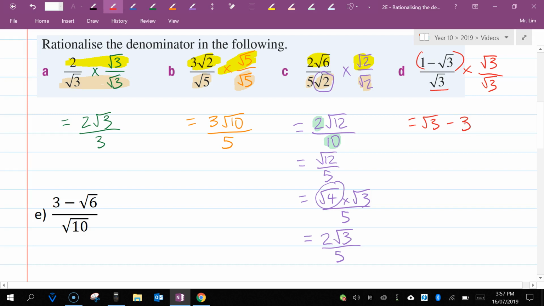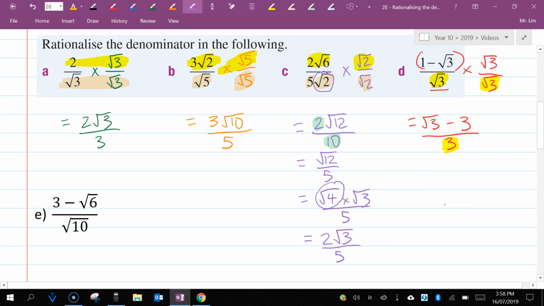Root 3 times root 3 is just 3. Put that all over root 3 times root 3, which is just 3. Okay, we can't simplify that. This does not simplify to root 1 minus 1 over 1.